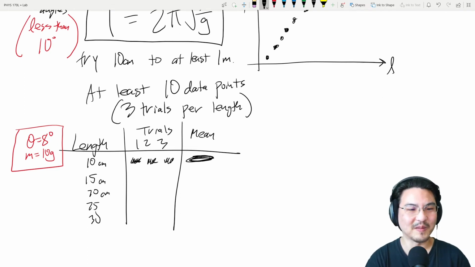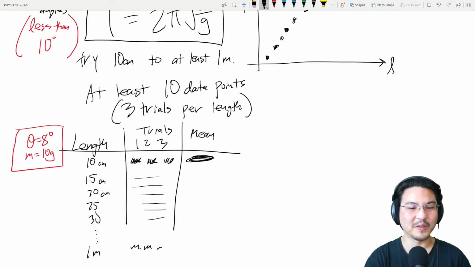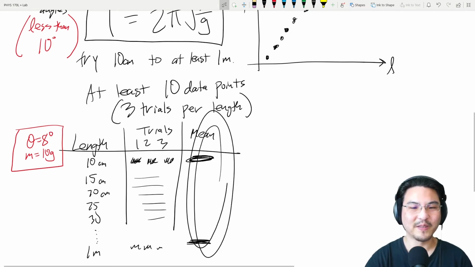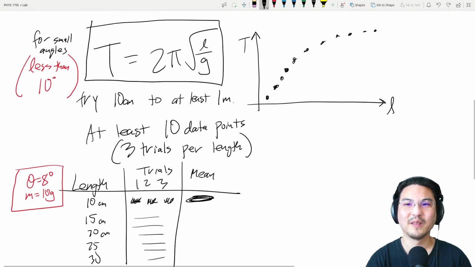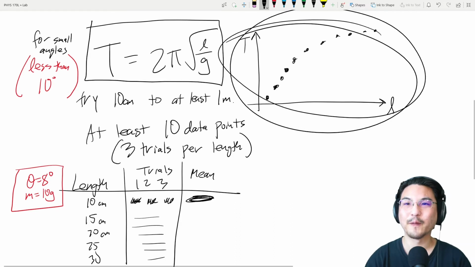Right, and then you just do that for all the different lengths up to at least 1 meter. Trial 1, trial 2, trial 3, there's the mean. And then these values are what make this graph.